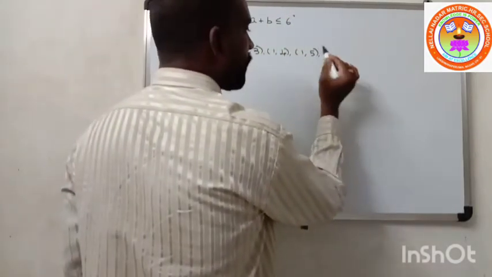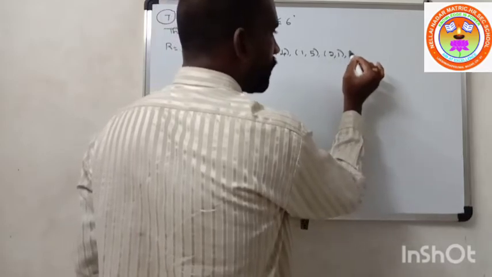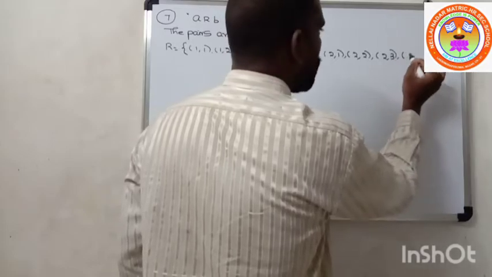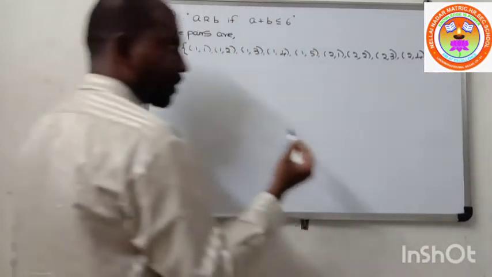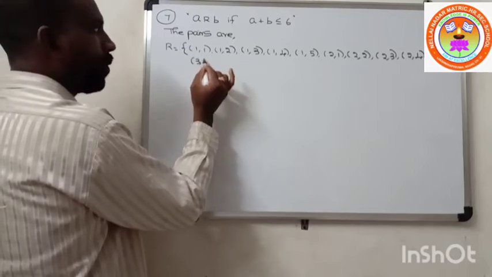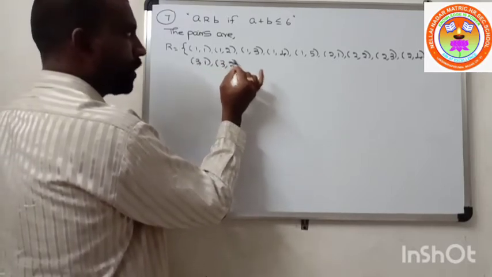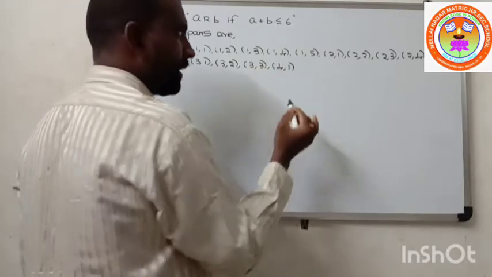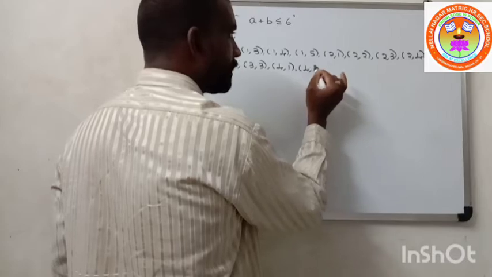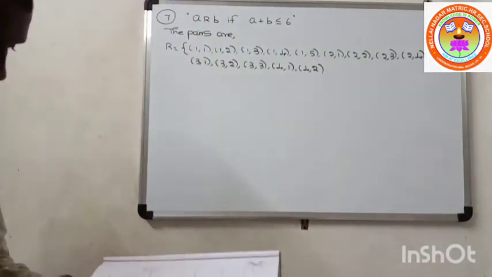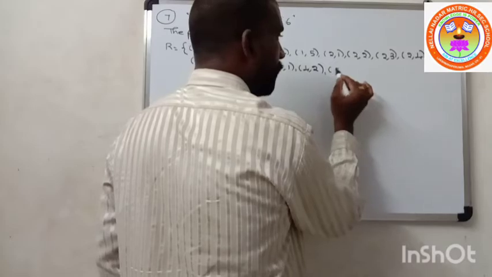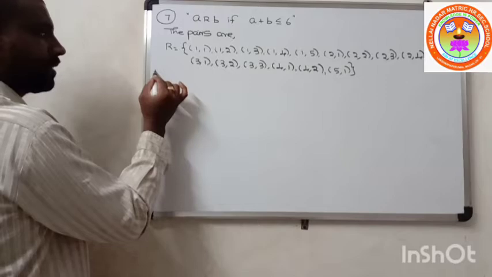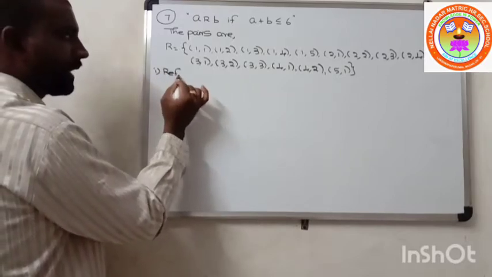The next: 2 comma 1, 2 comma 2, 2 comma 3, 2 comma 4. The next: 3 comma 1, 3 comma 2, 3 comma 3, 4 comma 1, 4 comma 2. So the next, 5 comma 1. First one is reflexive.